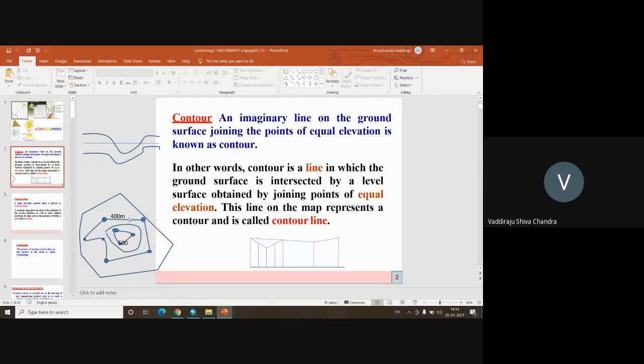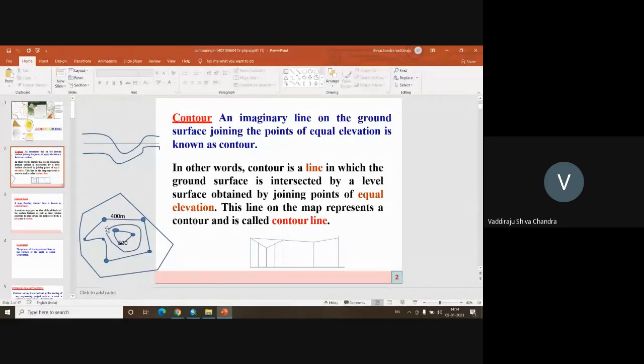For example, there may be many points whose reduced level with respect to Bombay seaport may be 500 meters, or 400 meters, or 410 meters, or 430 meters. So it's simply a line joining points on the ground surface whose elevations are equal.